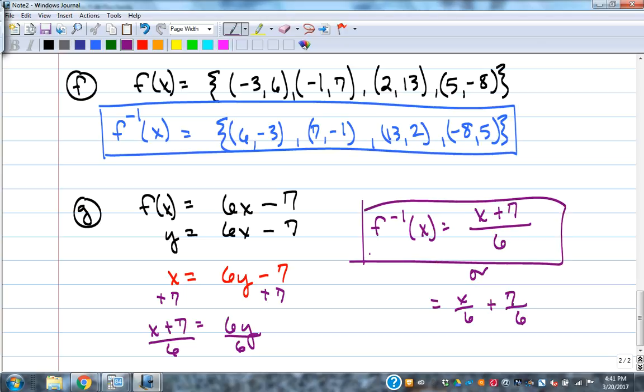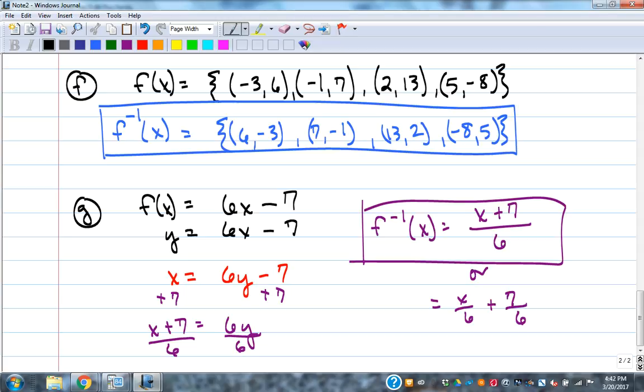That's probably how your book's going to do it. It's equivalent. It really doesn't help any to split it on this one. Where it might help to split it is if that was like x plus 12 over 6. If you split it up, the 12 and the 6 would divide and make a 2 there. It might make it look better. But stopping right there is fine with me. So it swaps x and y. You solve for y again. You got the inverse.